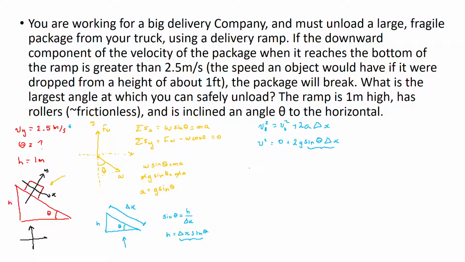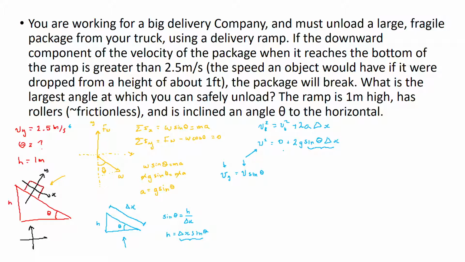I know that the velocity in y is going to be equal to the total velocity times sine of theta. This is the velocity I know, and this is the velocity I do not know, but I can know it since it's exactly this one.